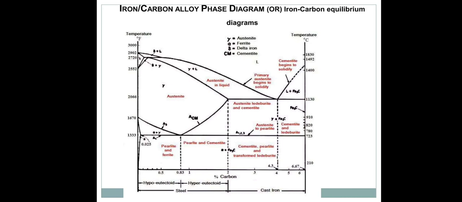Sorbite. Sorbite is a microstructure consisting of ferrite and finely divided cementite produced on tempering martensite above 450 degrees centigrade. This constituent is also known as sorbitic pearlite.